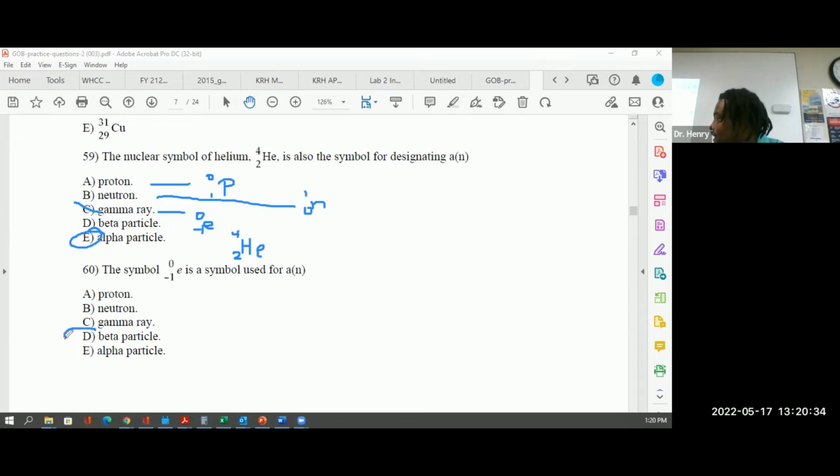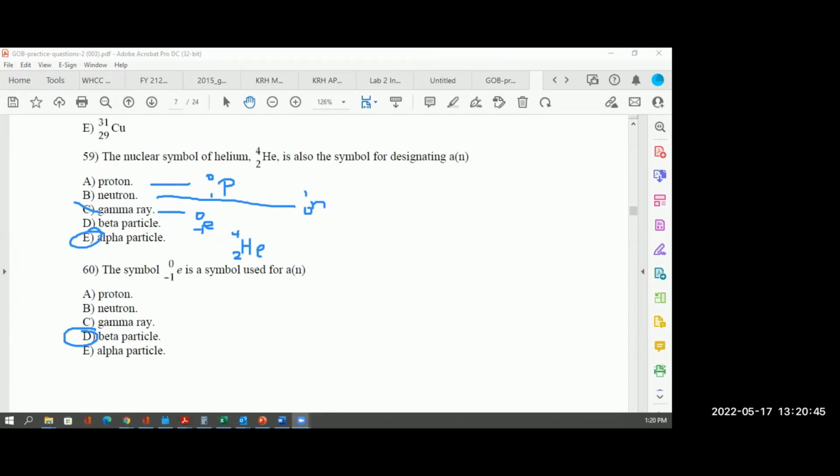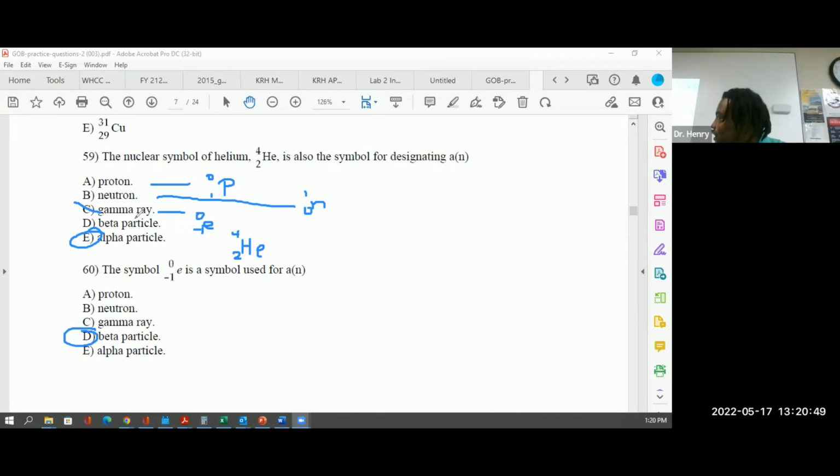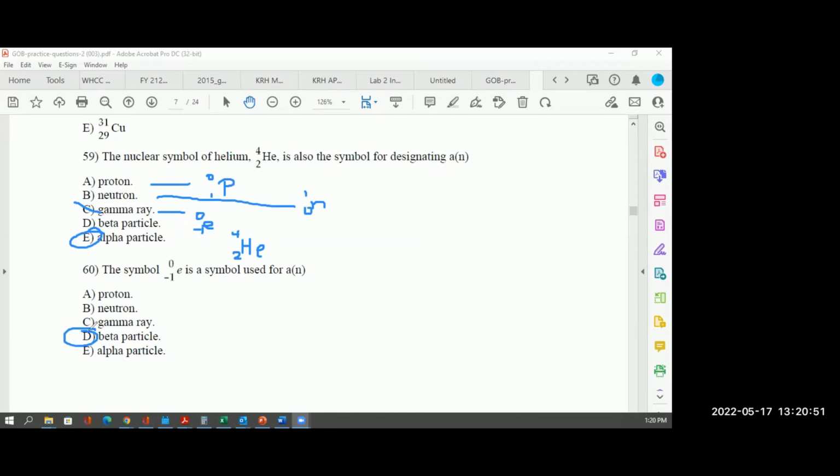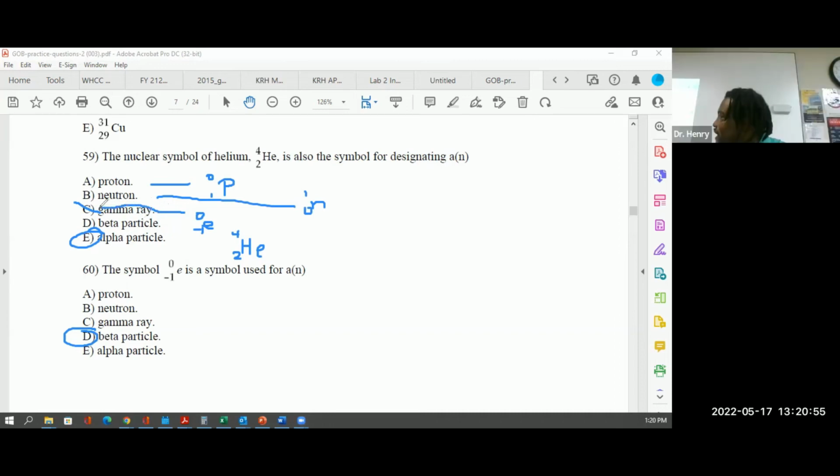D as in donkey? Okay. Are you guys still there? Yeah, isn't it gamma? Nope, it's D. We just talked about it up here. Oh, it looked like your gamma ray was pointing to it. Oh, I'm sorry, I was confused.